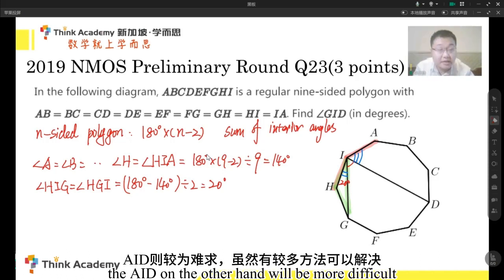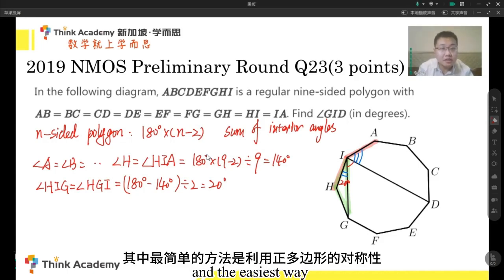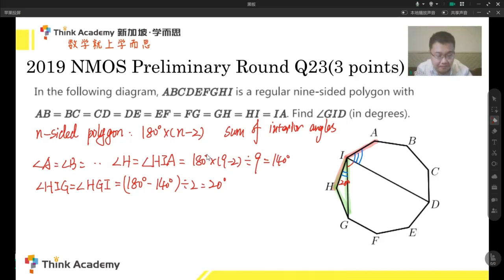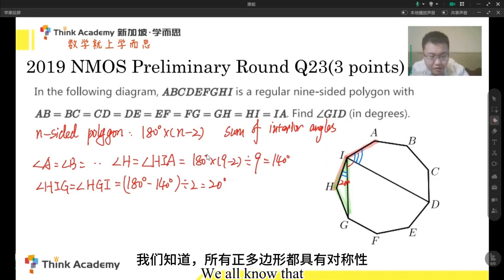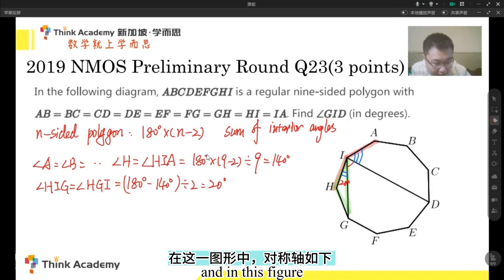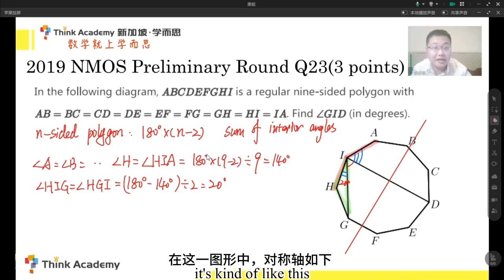The AID, on the other hand, will be more difficult. There are many ways to solve it, and the easiest way is to use the symmetry of regular polygons. We all know that each regular polygon is symmetric, and in this figure, it's kind of like this.